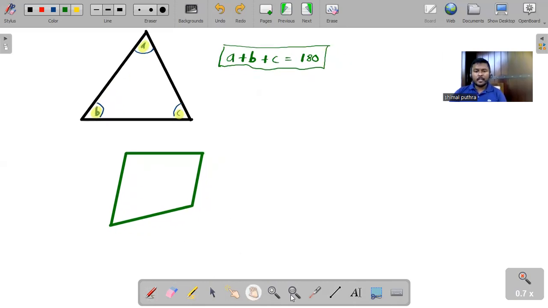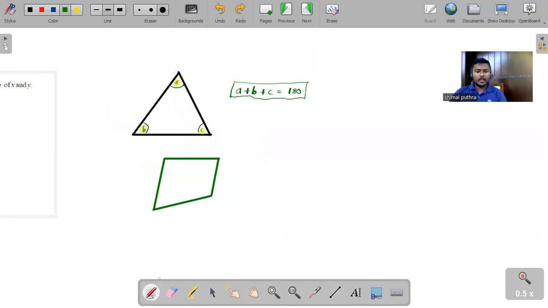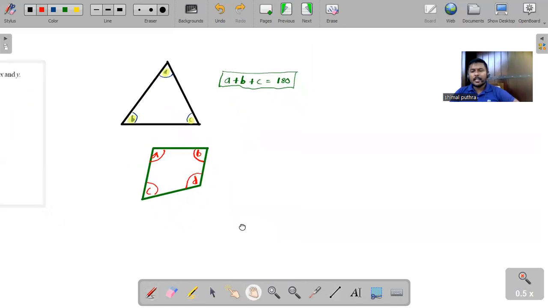Then I need to find the internal angles of this 4-sided polygon. If this is A, this is B, this is C, this is D, how can I find the internal angles?